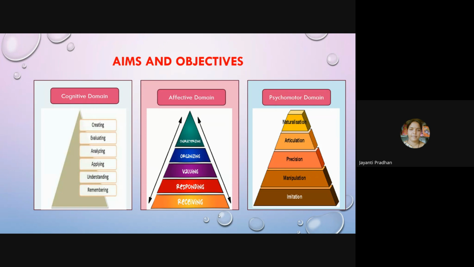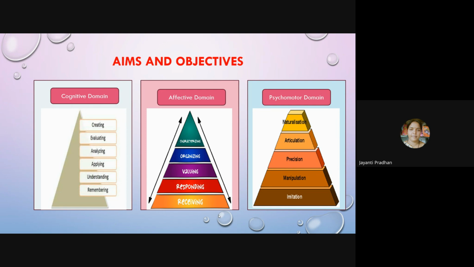Likewise, in the affective domain, receiving means whatever is said in a classroom or by anyone, if a person is receiving, yes, that is the base level; they are listening and receiving. Then responding means they show a liking towards that, so they are responding.